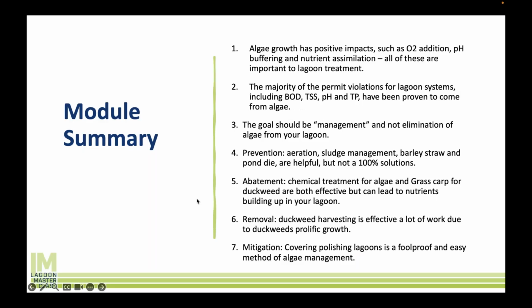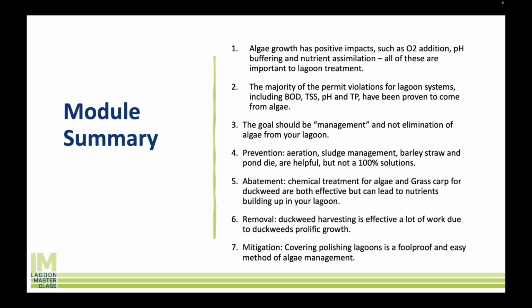So as we talked about here, algae can have really good positive impacts on your lagoon system. You really want it. It's not about eliminating it, it's about managing it. And if you don't manage it, then it has negative impacts.